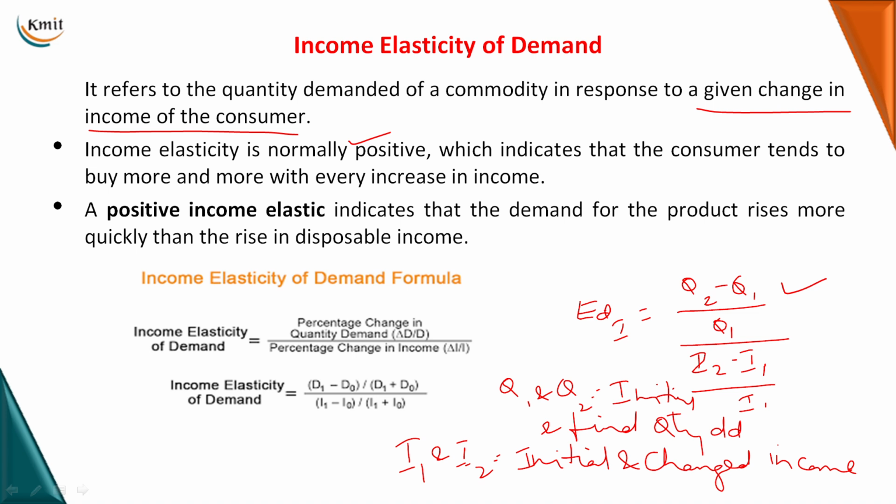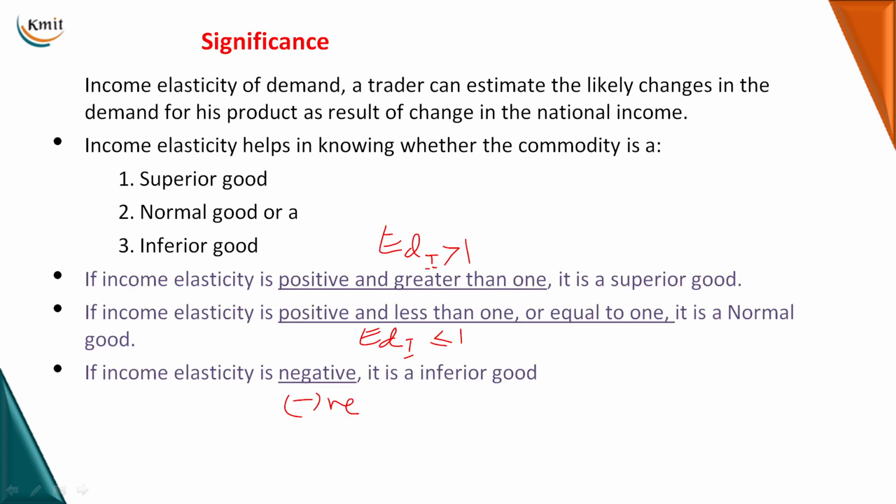Now this income elasticity of demand helps us to identify the nature of the commodity, right? Through income elasticity of demand, a trader can estimate the likely changes in the demand for his product as a result of change in the national income. So income elasticity helps in knowing whether the commodity is a superior good, normal good, or inferior good.